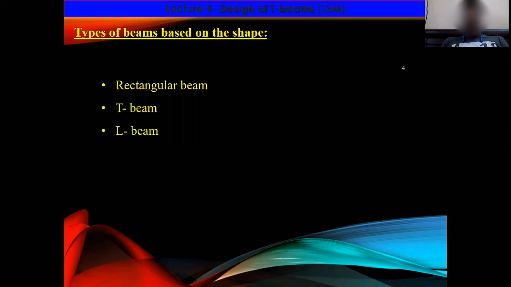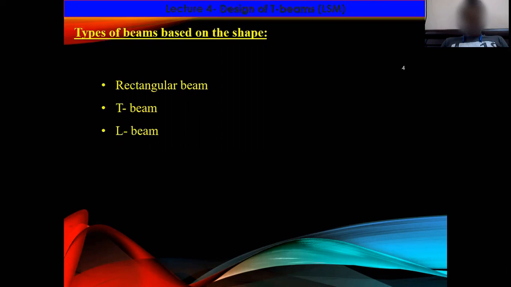Why do we need to provide reinforcement in the compression zone? Because of practical issues and restrictions of dimensions. If the bending moment developed within the beam is very high as compared to a singly reinforced beam, and if the dimensions are restricted from the architecture point of view or any other execution point of view, then we can provide reinforcement in the compression zone to improve the moment of resistance of the member, right?